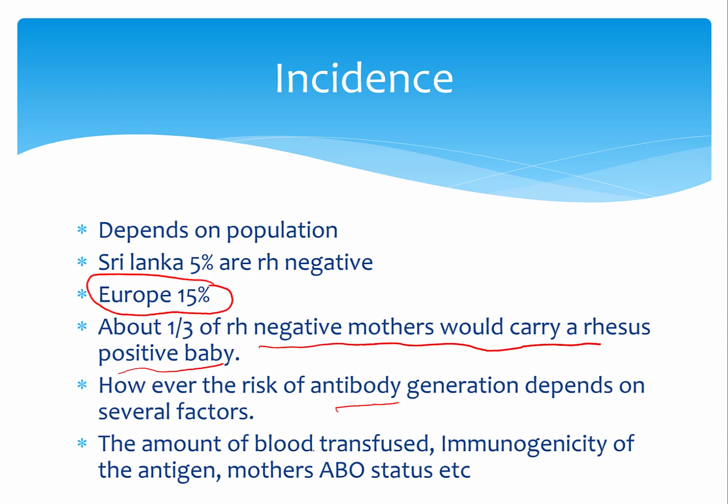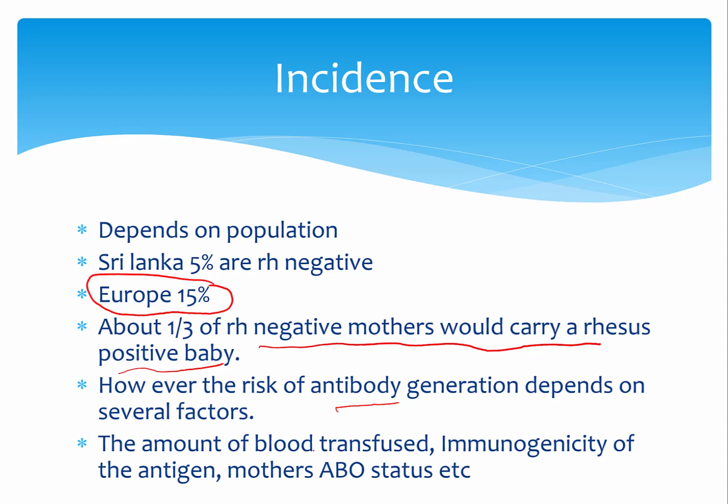If capital D is there, the chance of generating antibodies in the mother is higher with D-containing red cells from the fetus. If the fetal cell has capital C, it is not that immunogenic, so it will not generate the immune response from the mother. So it is less potential.